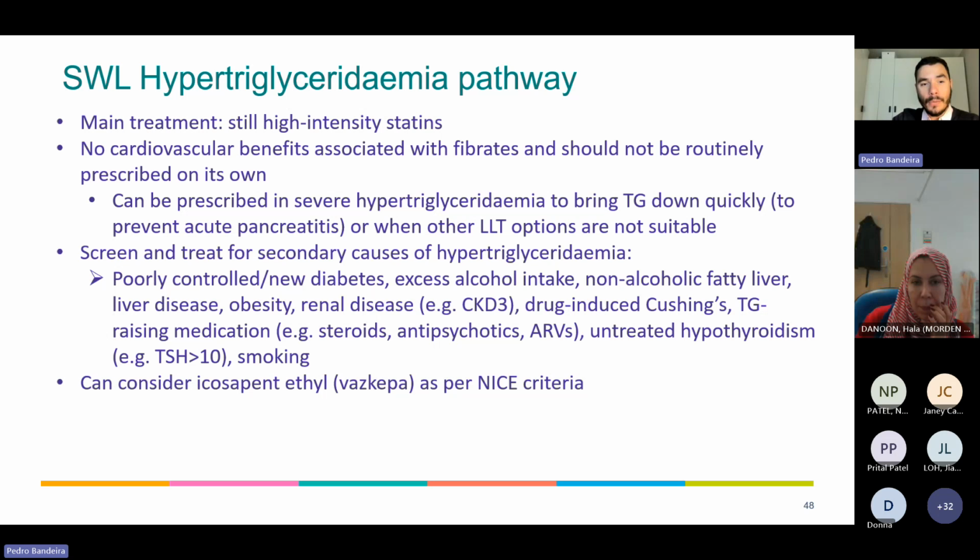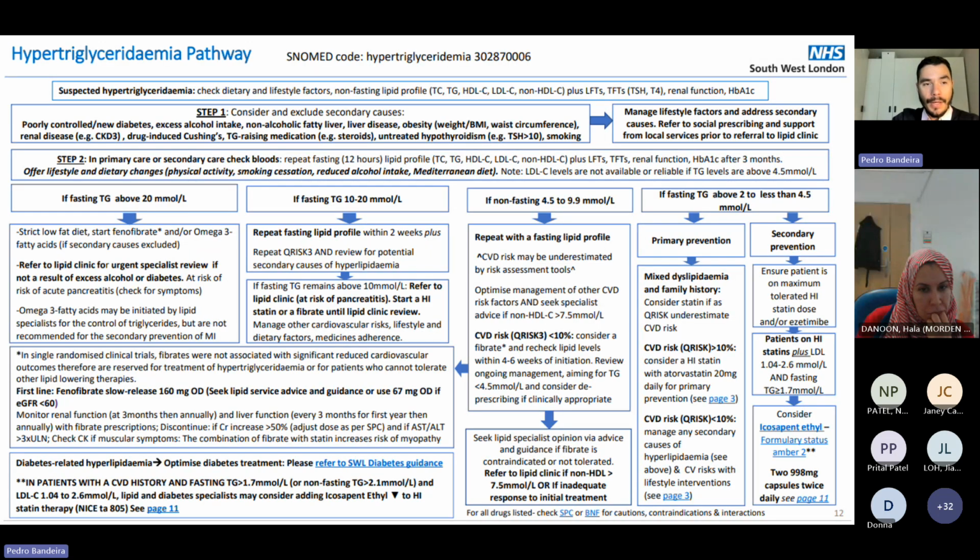And with the new guideline, we've prepared a quite comprehensive pathway on how to deal with high triglycerides, and this involves ruling out other factors, including secondary causes like diabetes, alcohol intake, patients with hypothyroidism, patients on other medications that increase cholesterol and triglycerides, and tackle those first before moving on to the downwards pathway.